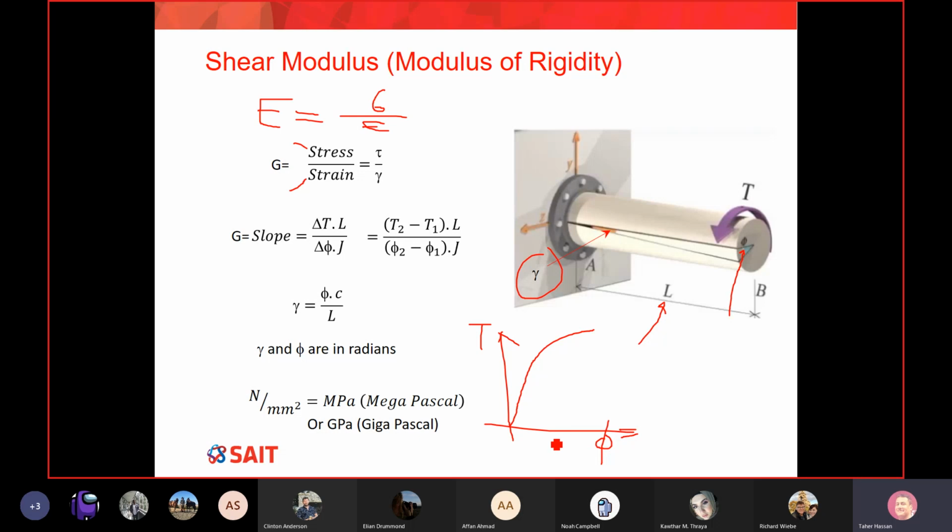In order to find G, as you will see in the next slide, we simply pick two points inside the proportional limit, and we can estimate the slope of this line, and the slope of this line will simply be your G. Let's go to the next slide, and I will show you in more detail, because the next slide shows this even better.